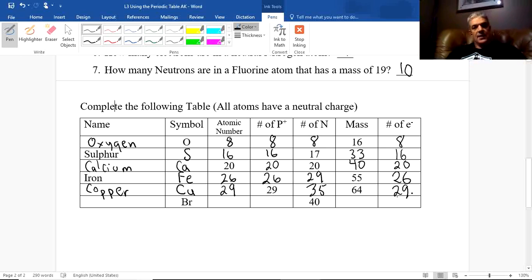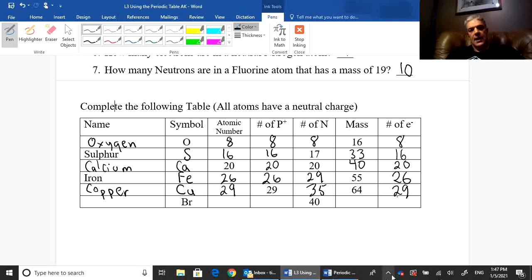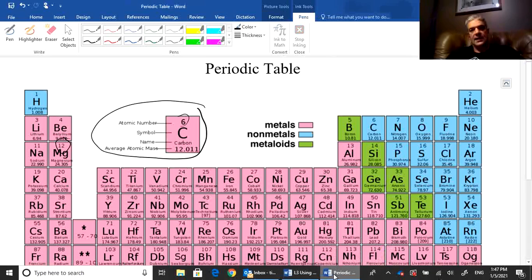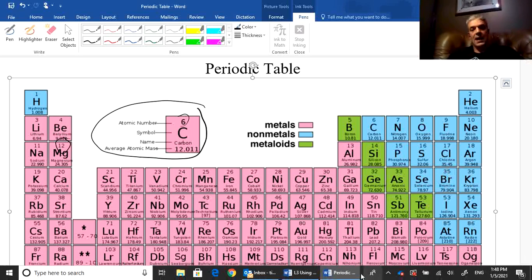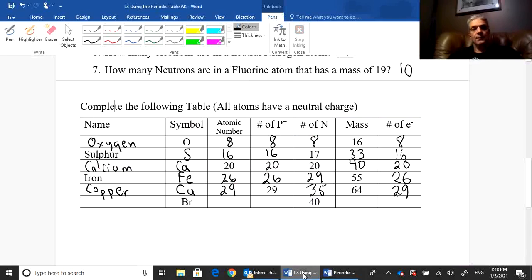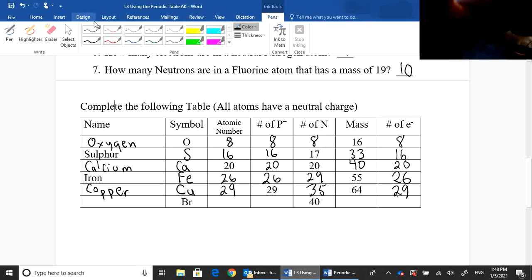And then we have our last one, Br. Well, whoa, how do I do that one? Let's look at the periodic table again, and we look for Br, and you scan through until you find it. Oh, there it is, Br, right there, okay? Atomic number 35. That's all I need. I remember 35 and Br, and I can go back, put my atomic number in, and write bromine.